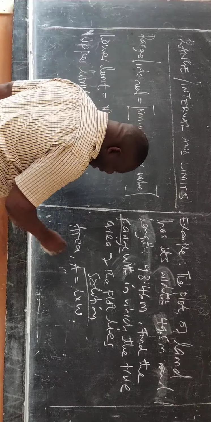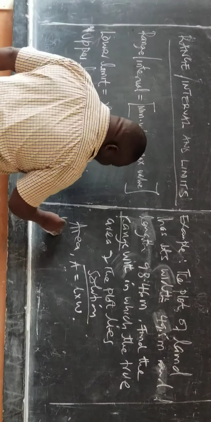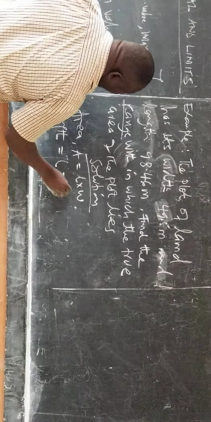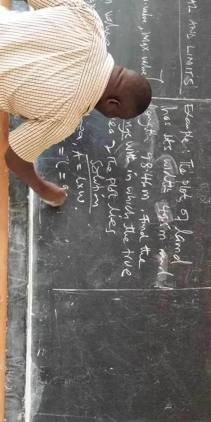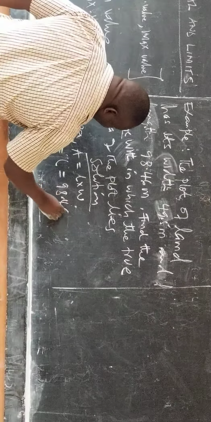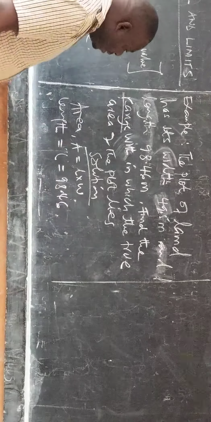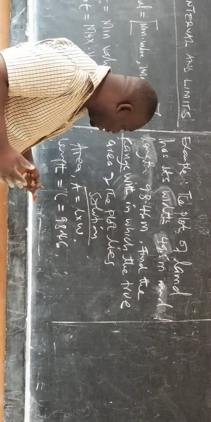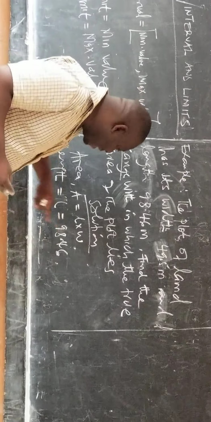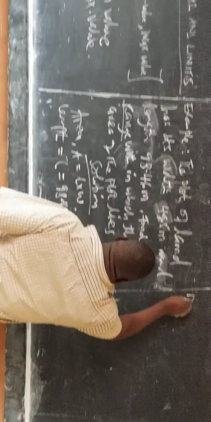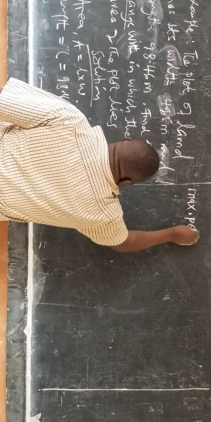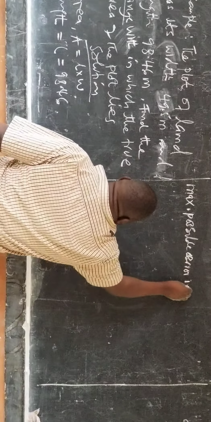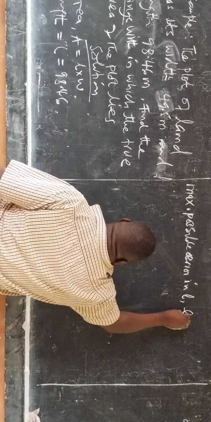First of all, let the length be L, and it was given as 98.46. Since the errors which were made were not given, we are looking at the maximum possible error, E_L.